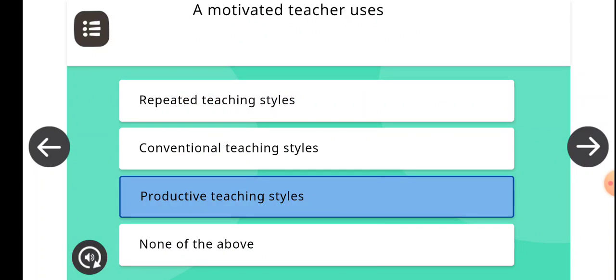So after dealing with a class, the teacher comes out of the class with some level of satisfaction, and the students must feel that yes, today I learned something very new. So productive teaching styles is the correct answer.